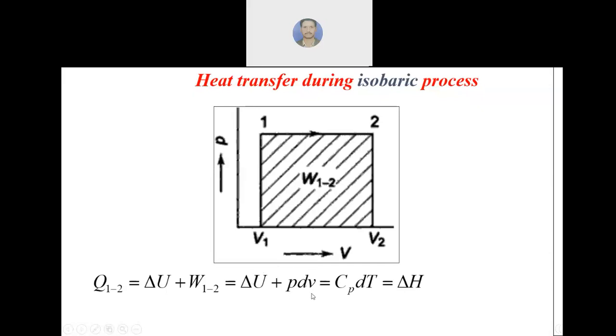This sum is nothing but enthalpy, which we have seen is given by Cp delta T. If there is only delta U, with no P dV, then del U is nothing but Cv delta T. Meaning at constant volume, del U equals Cv delta T. At constant pressure, it is the summation of both, and it equals Cp delta T, which is the change in enthalpy. H represents enthalpy. Okay, so remember this.